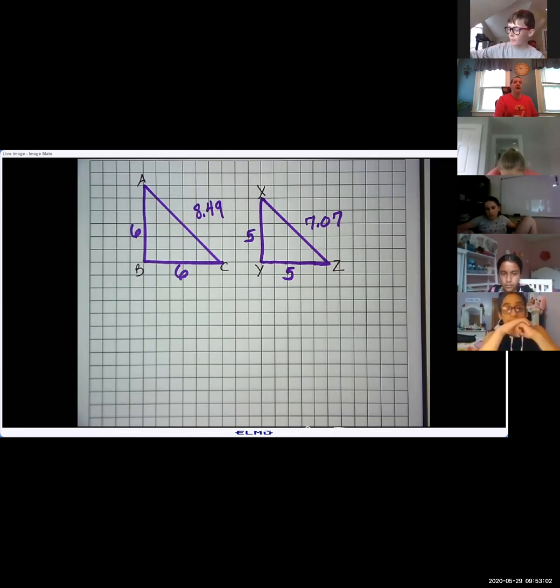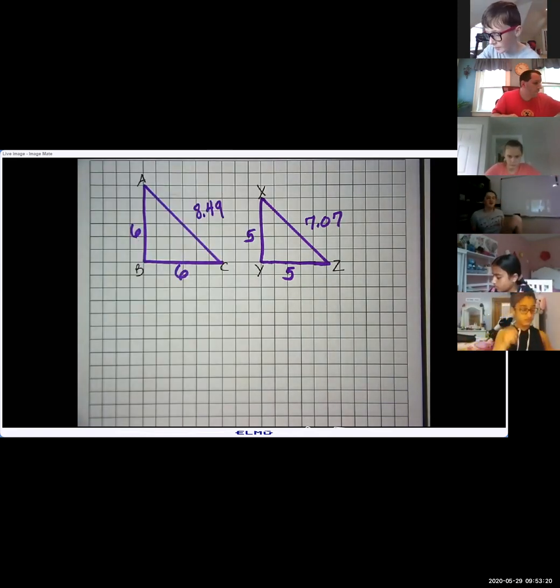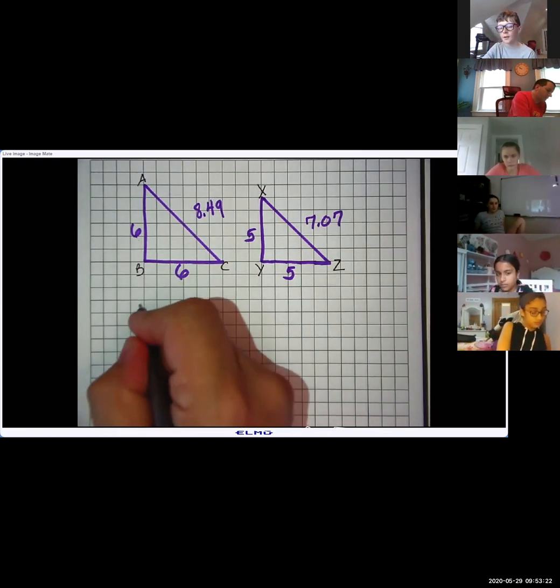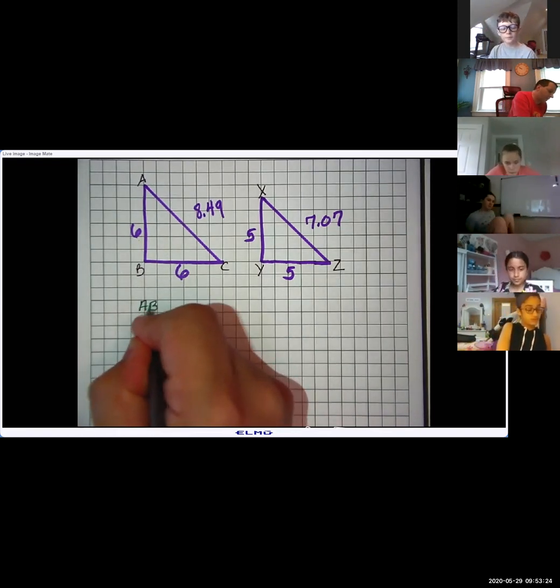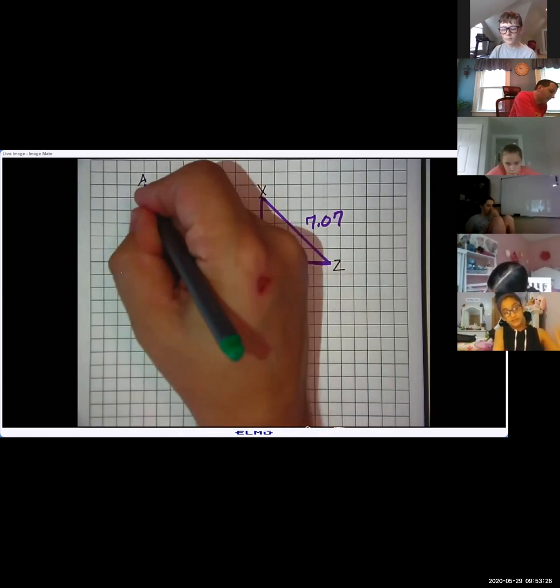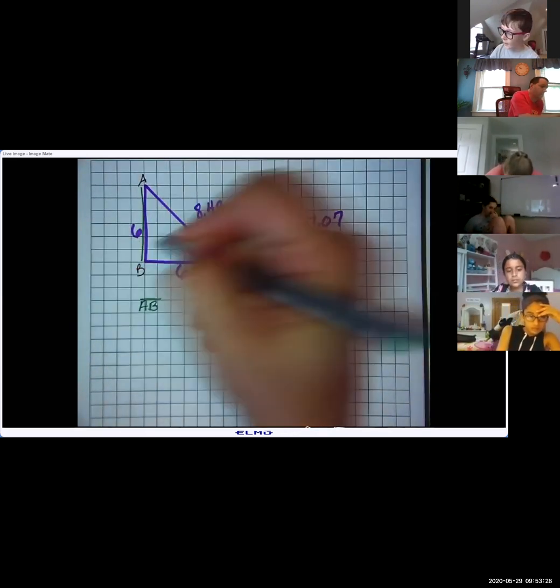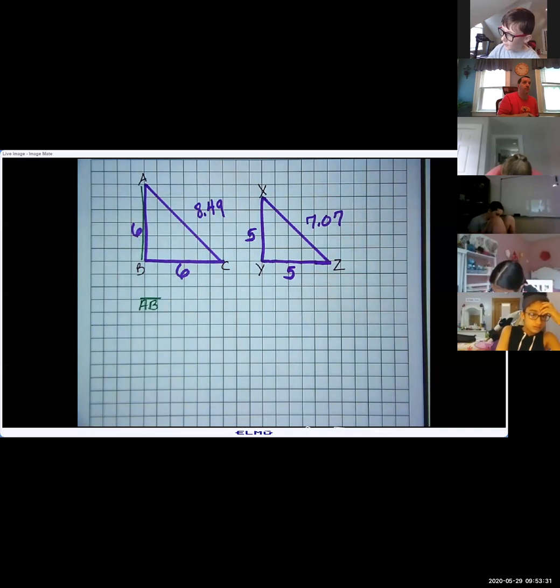So you put A and B, just go over the A and B, which is right here. And then you can do X and Y.